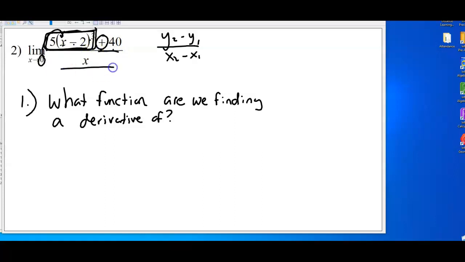Something else is wrong on the bottom here. It's supposed to be x2 minus x1, right? But I only see one thing down there. Well, it's always being subtracted by the c, and in this case my c is 0, so why have it there? So if you wanted to rewrite this a little bit, you could, so it looks more like the limit form of a derivative.